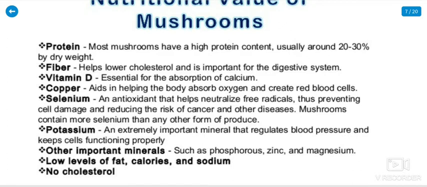Mushrooms contain more selenium than any other form of produce.